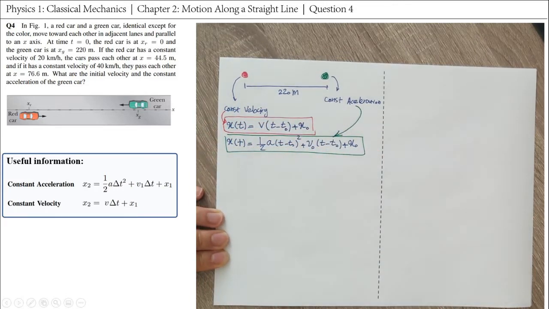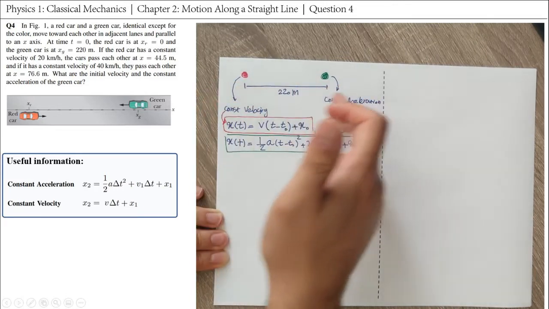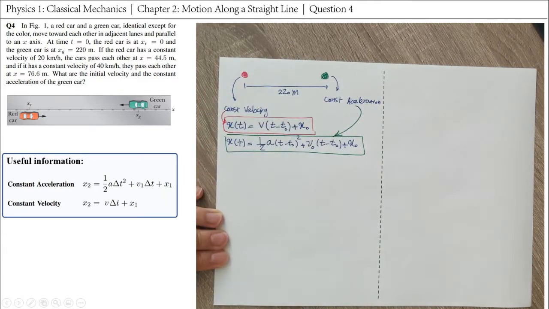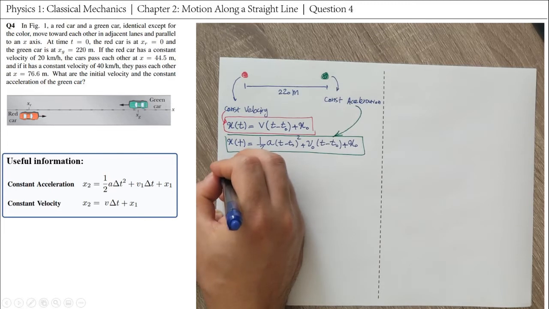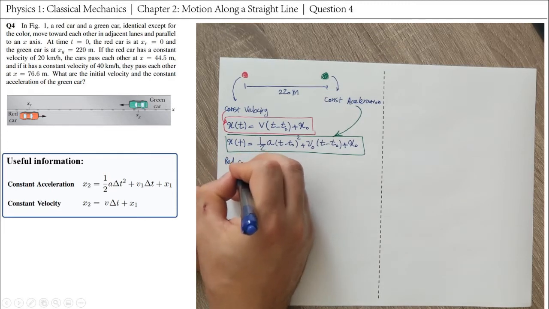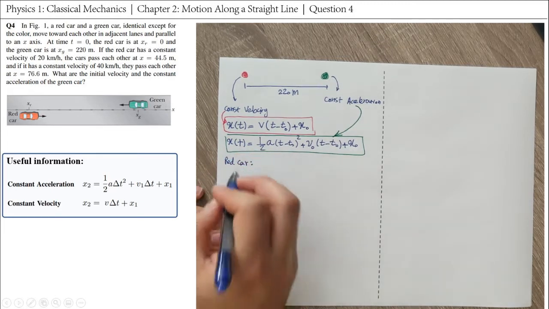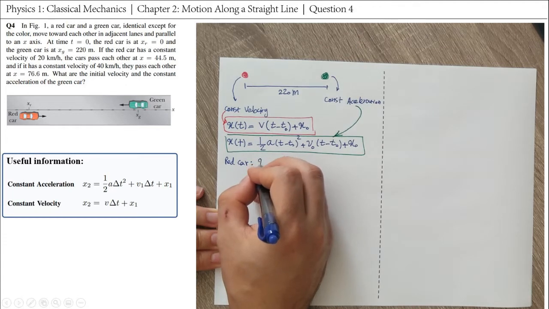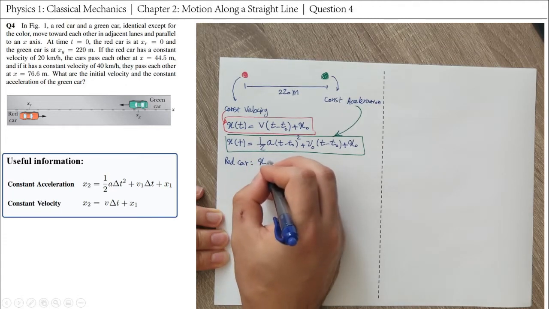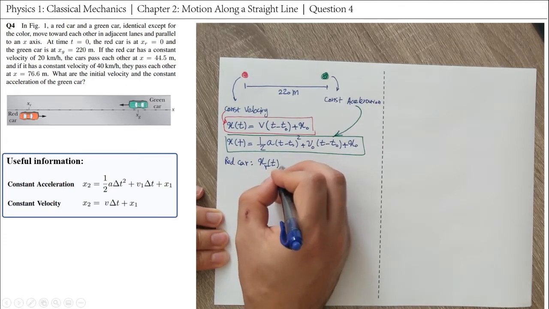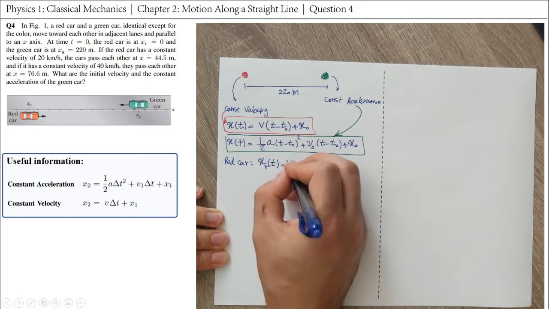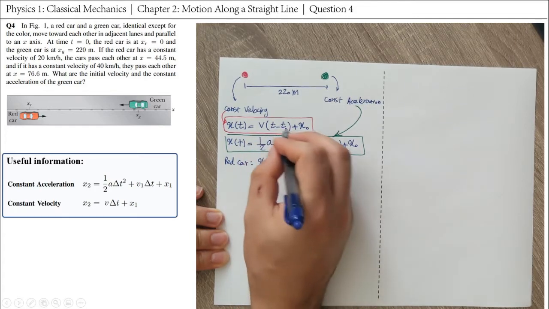Now let's use them to analyze what's happening in our problem. For the red car, I can say the x position of the red car, as a function of t, equals velocity of the red car times t minus t naught.